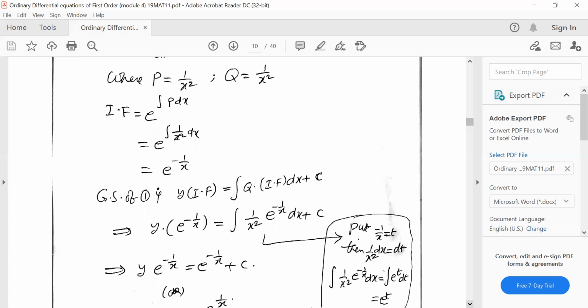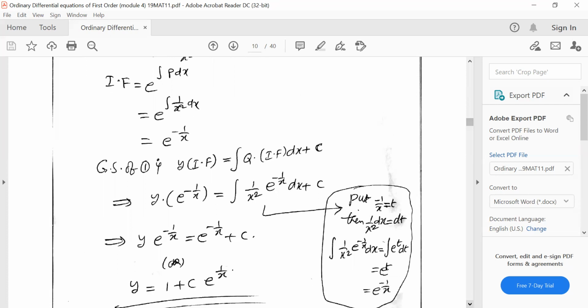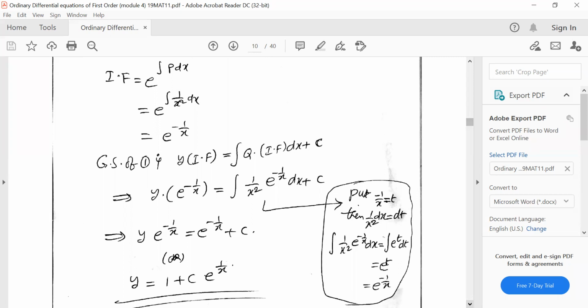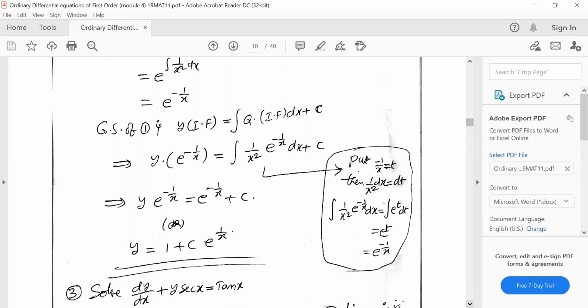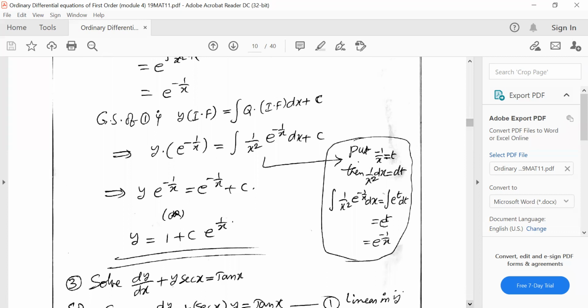So what will happen? The integral of 1 by x square e power minus 1 by x can be written as just integral e power t. The integral of e power t is e power t. What is t that we took? Minus 1 by x. So replacing that back, the integral of 1 by x square e power minus 1 by x is just e power minus 1 by x.